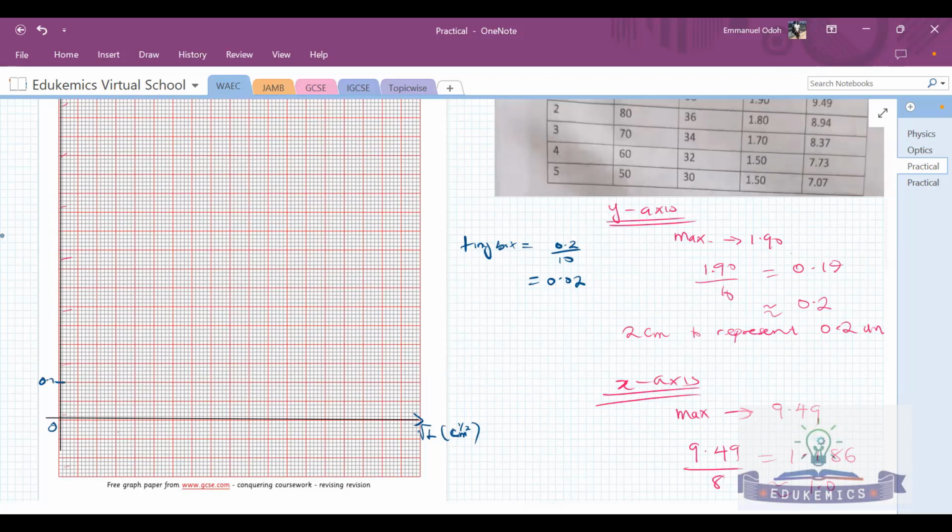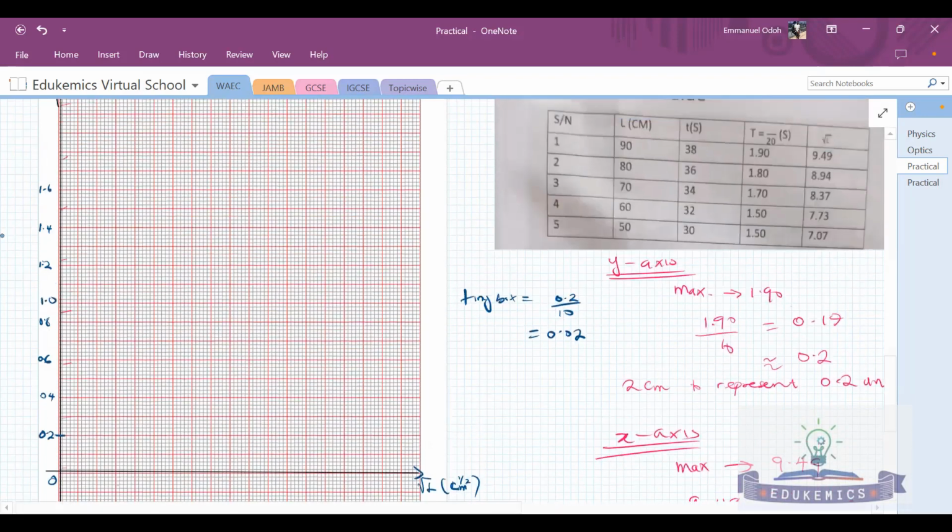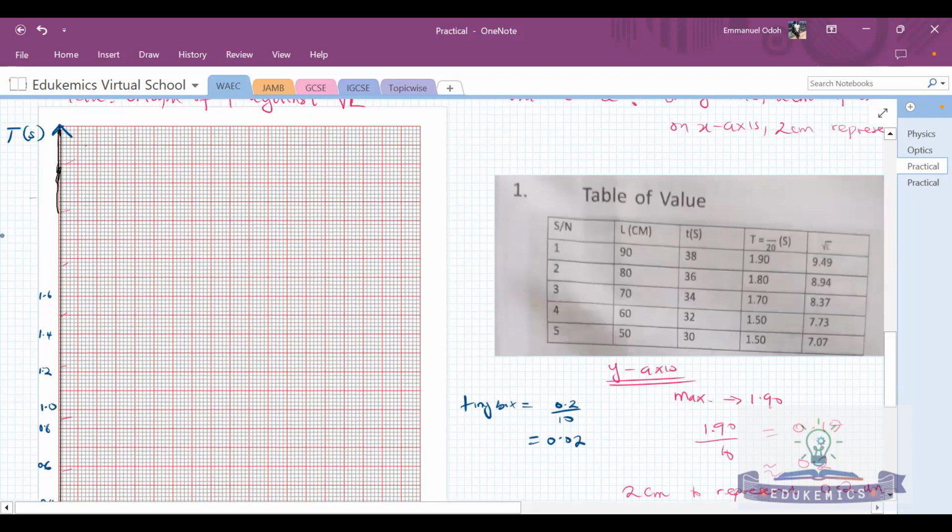This is 0.2, 0.4, 0.6, 0.8, 1.0, 1.2, 1.4, 1.6, 1.8, 2.0. That's all. Then let's transfer.